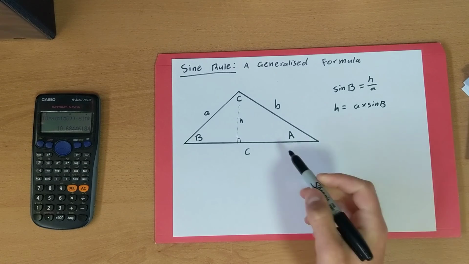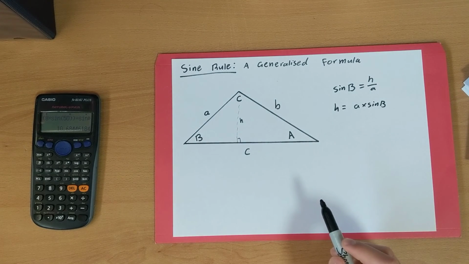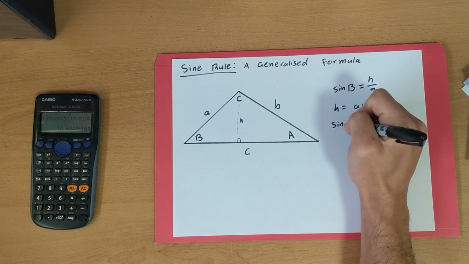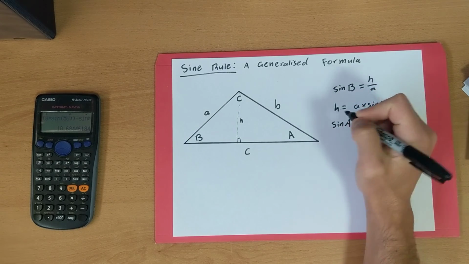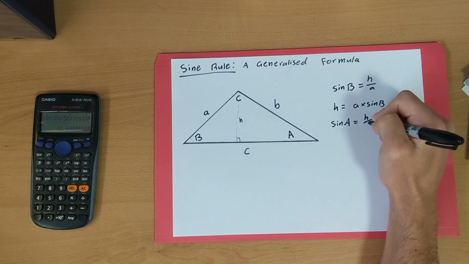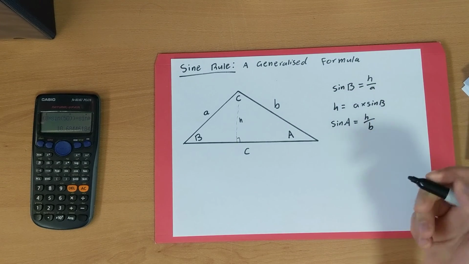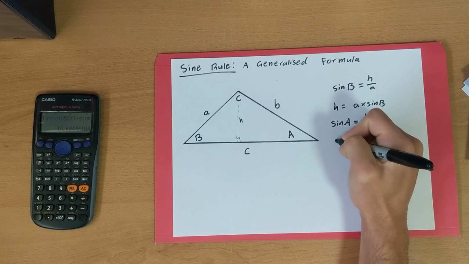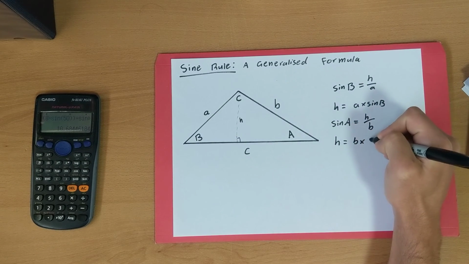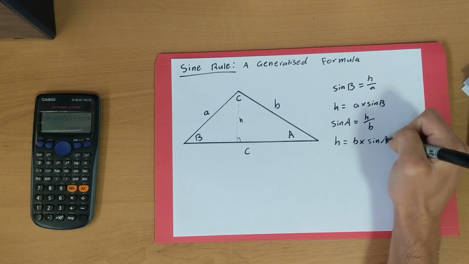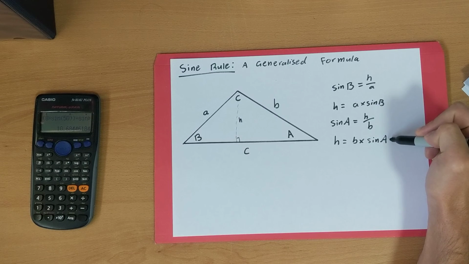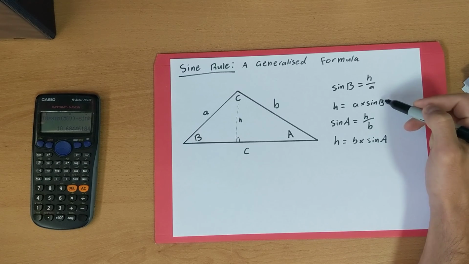And then we can do the same thing for the right-hand right-angled triangle, where we would get that sine of A equals, again, the opposite h over the hypotenuse, which is b, and then we rearrange by multiplying both sides by b to get h equals b times sine A. And now, if this equals h and this equals h, then they must equal each other.